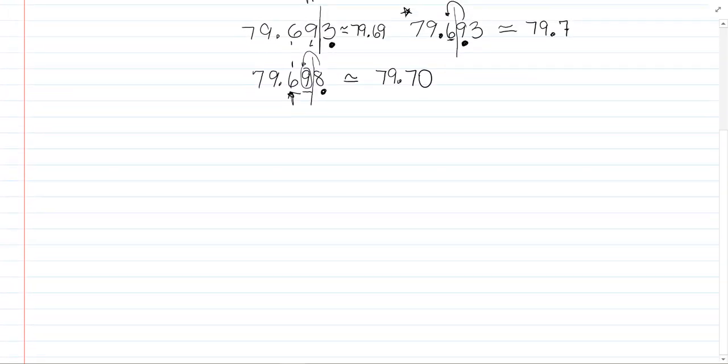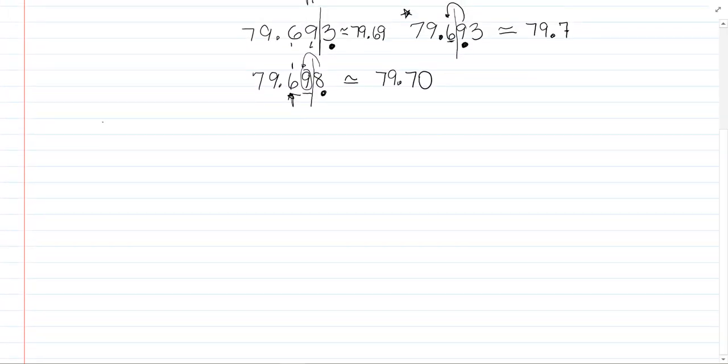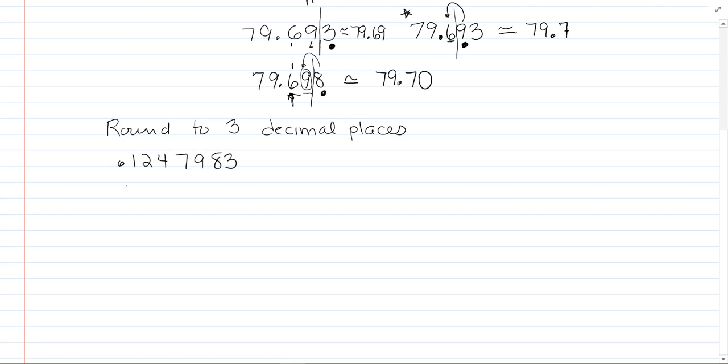So I'm going to write down some ones for you to try. These we're going to round to 3 decimal places. All right, and I'm just going to put some numbers down here. And then we'll try this one.